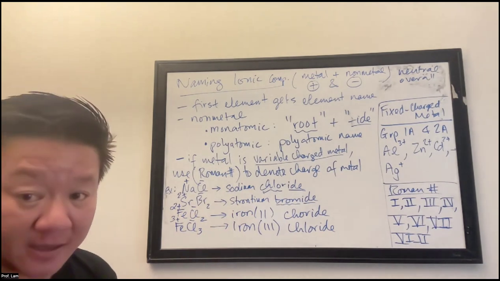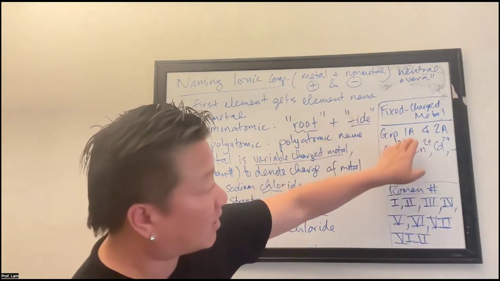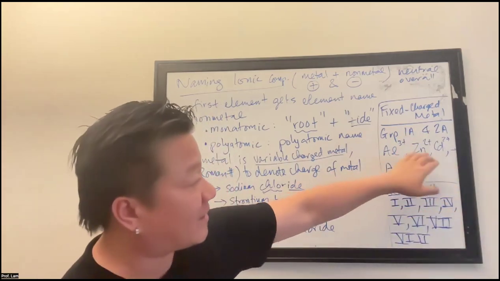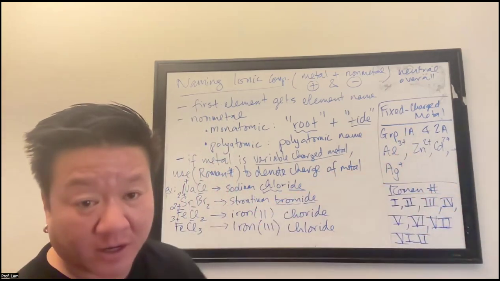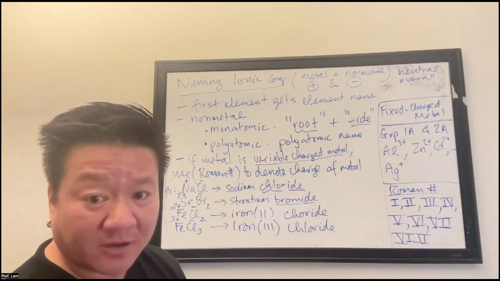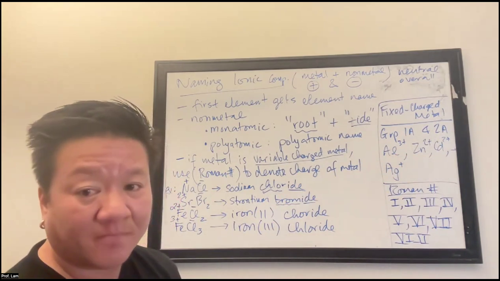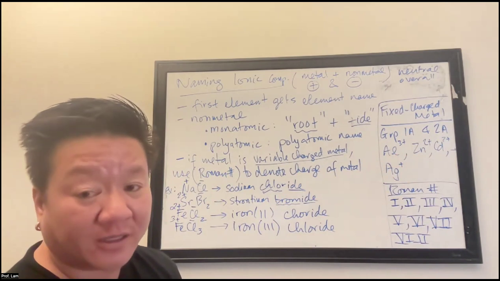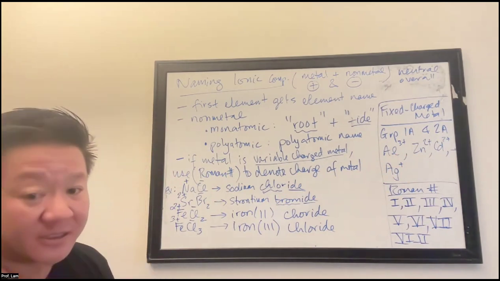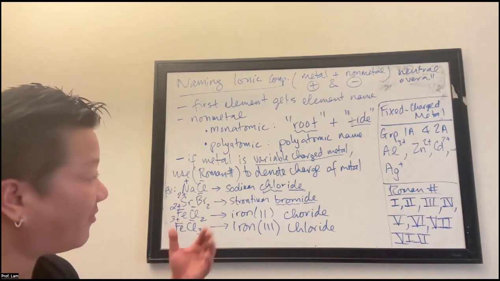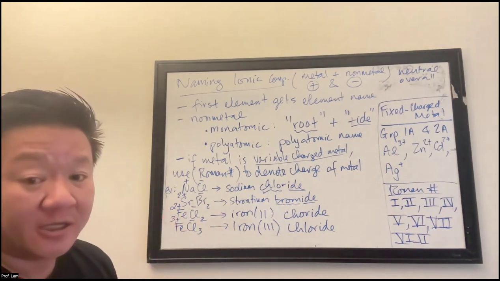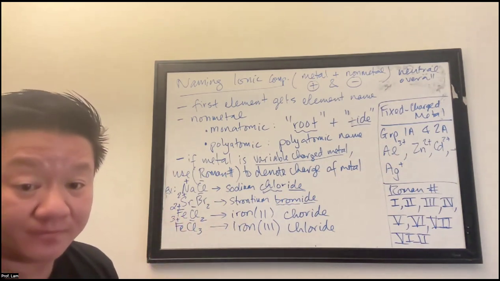And I'll give you a hint. You can see where the fixed charge metals are, the first 2 columns, and then a select few that you should memorize. But most of your variable charge metals are in the middle where the transition metals are. So transition metals are going to be variable charge, and iron's there. So you're always going to need a Roman numeral. Okay.